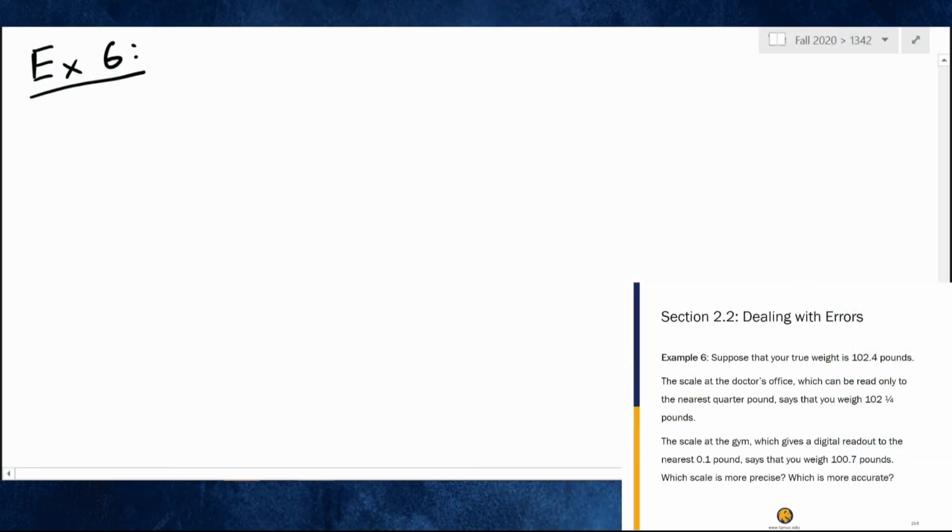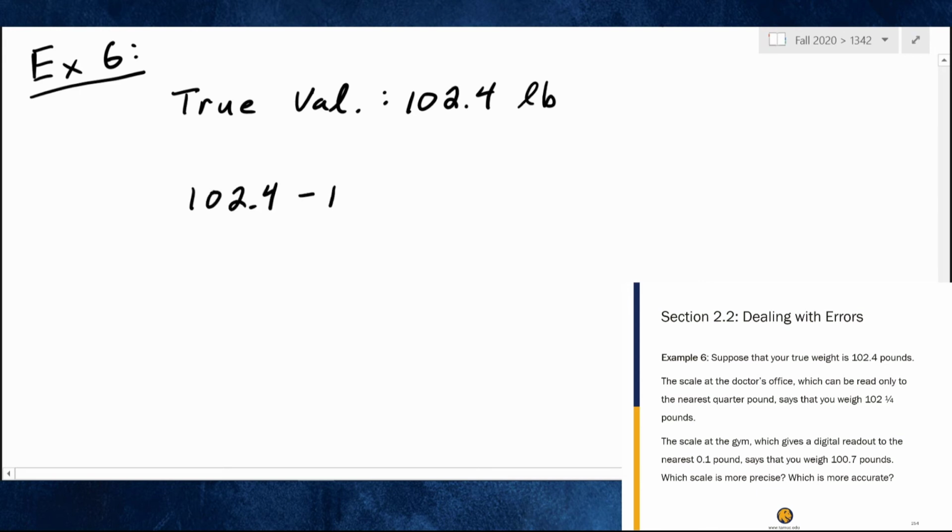So when we consider that the true value is in this case 102.4 pounds, and if we take the 102.4 and subtract away the doctor's measurement of 102.25 pounds, we find that it's only off by 0.15 pounds.